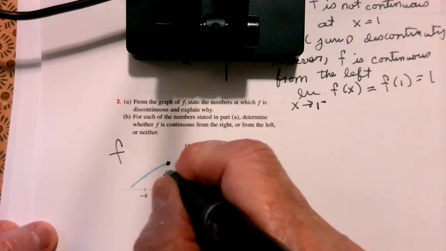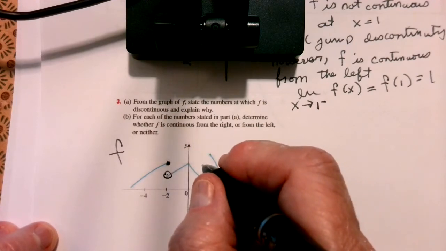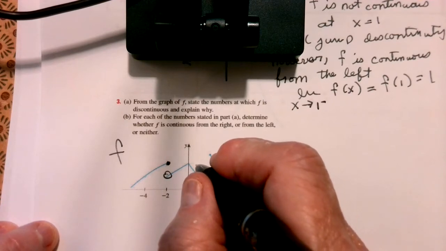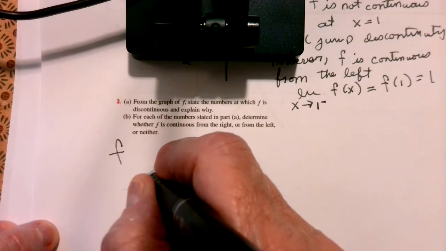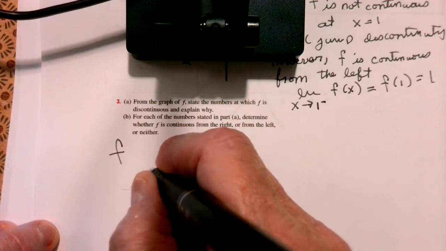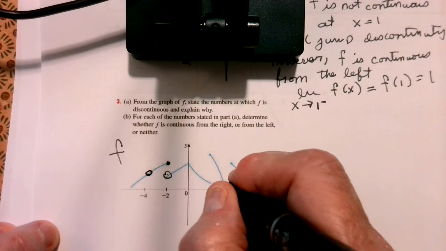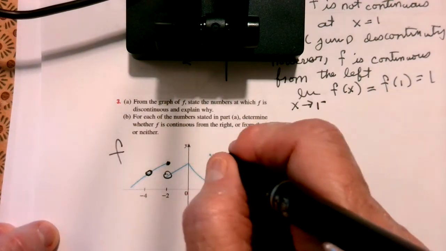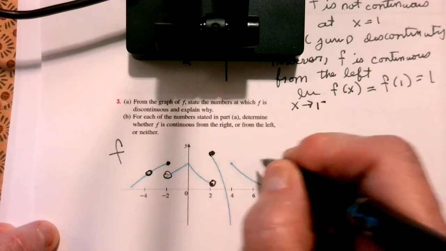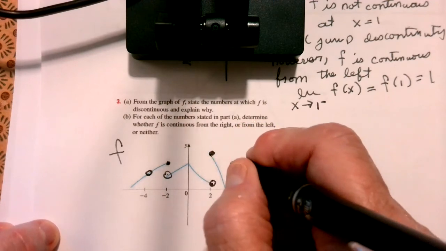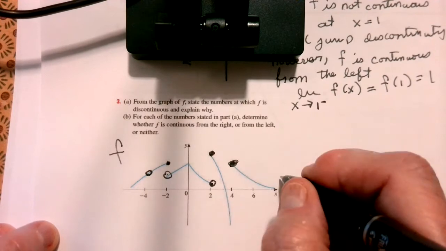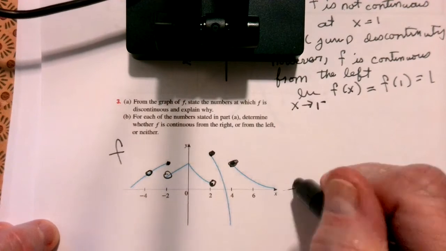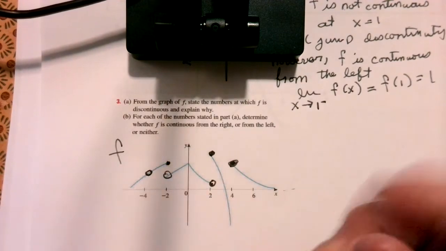And there is an open circle right there. There's a teeny tiny little hole right here that you can just barely see. And then over here, there is a hole. And then here, there is a solid dot. And here there is a solid dot. And then we don't know what it does past here and here.